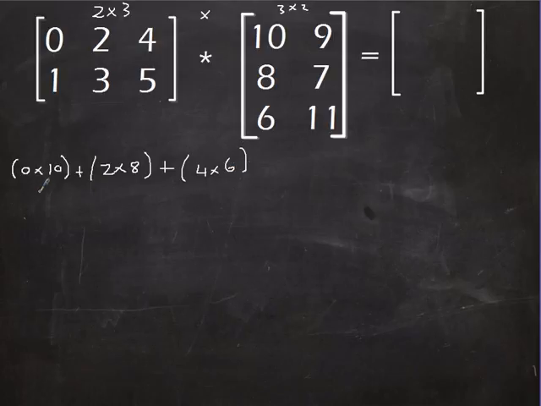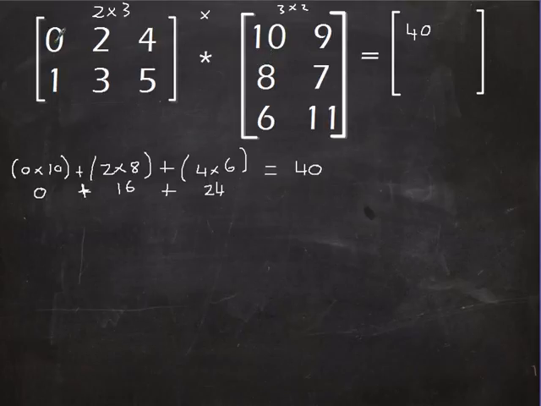And it's often helpful to write what each product is so that you don't forget. And the more you do these, you can just add them up in your head as you go along. So that gives us 0 and 16 and 24 is going to be 40. So 40 is the top left element of our answer.